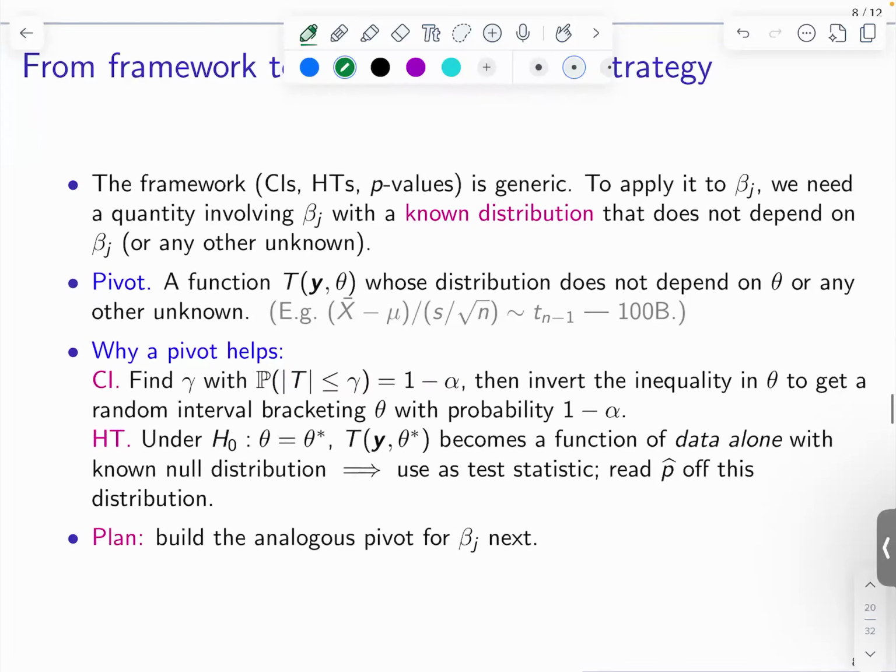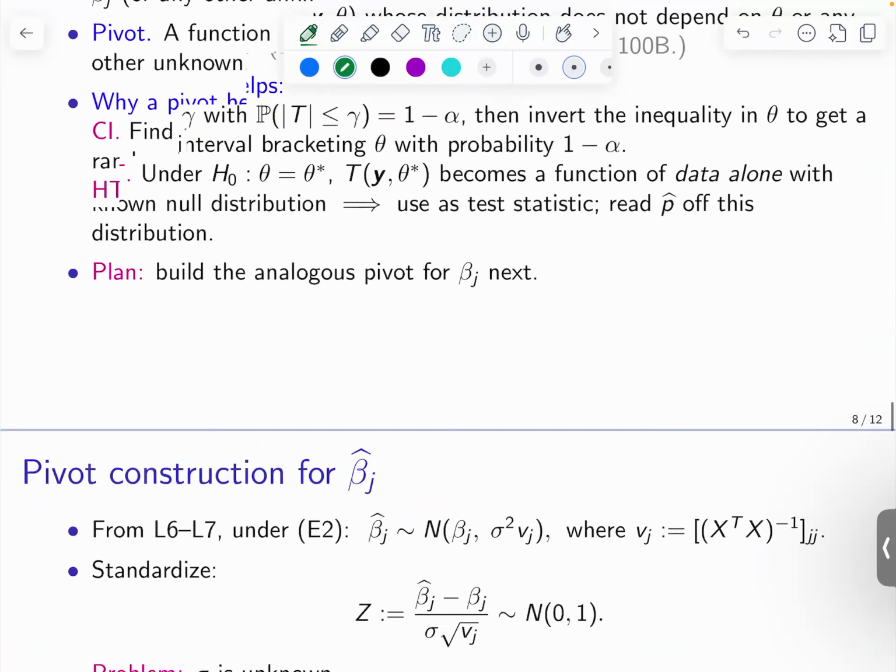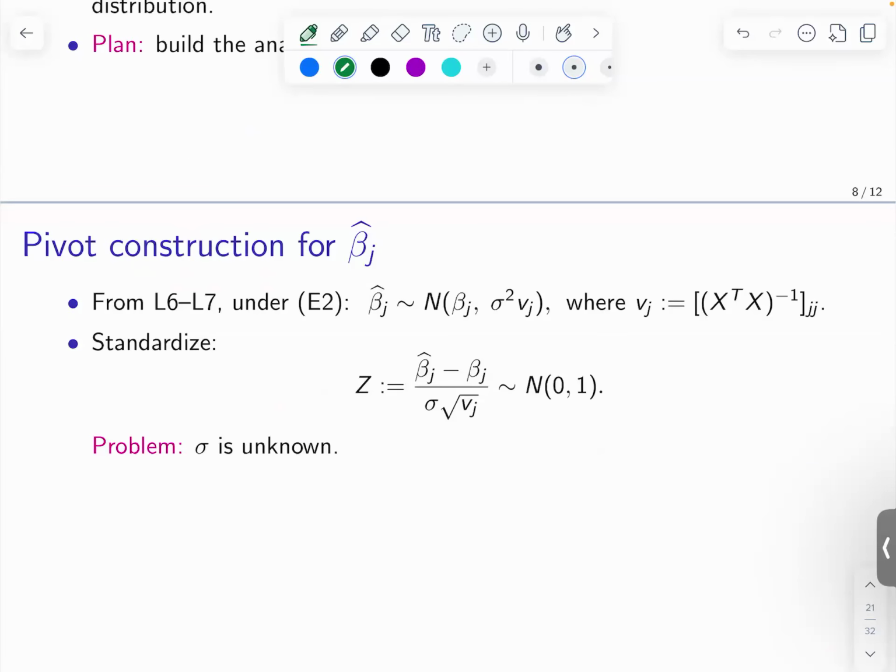And you have potentially already seen it. So let's try to build it for beta j. Let's try to find a pivot for beta j. And here, all our previous calculations come into play. So from the previous lecture under E2, we have that beta hat j is normal with mean beta j and variance sigma squared Vj, Vj being the j-th diagonal element of X transpose X inverse.